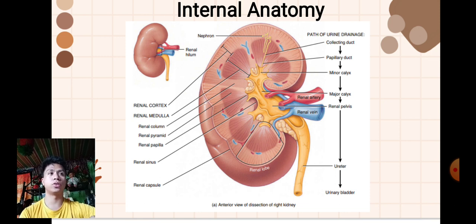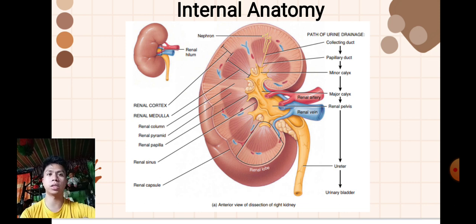So we have here the two main regions of our kidney. The superficial light red region is called the renal cortex, labeled in the diagram on the screen. And of course, the dark red region is called the renal medulla.